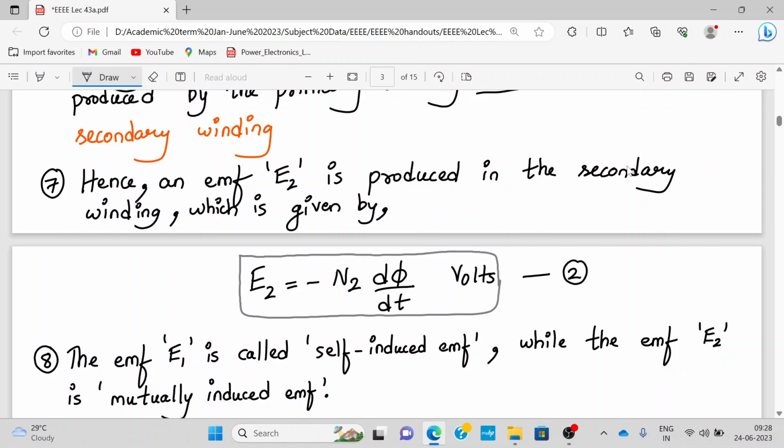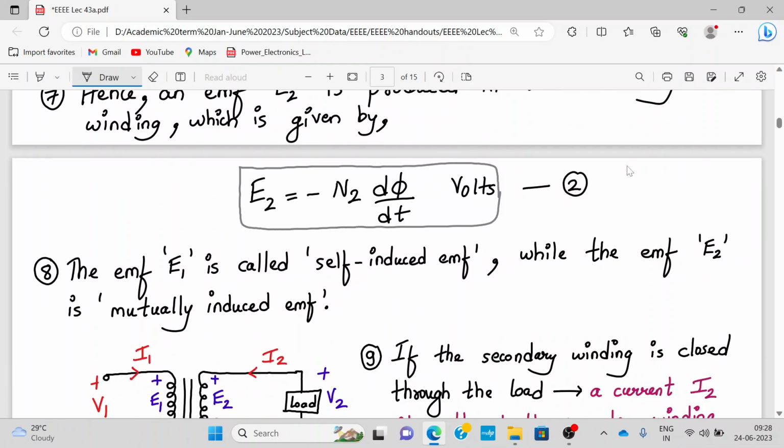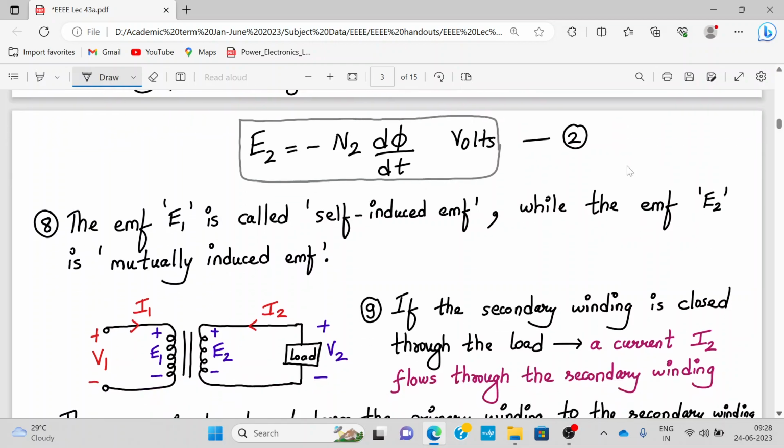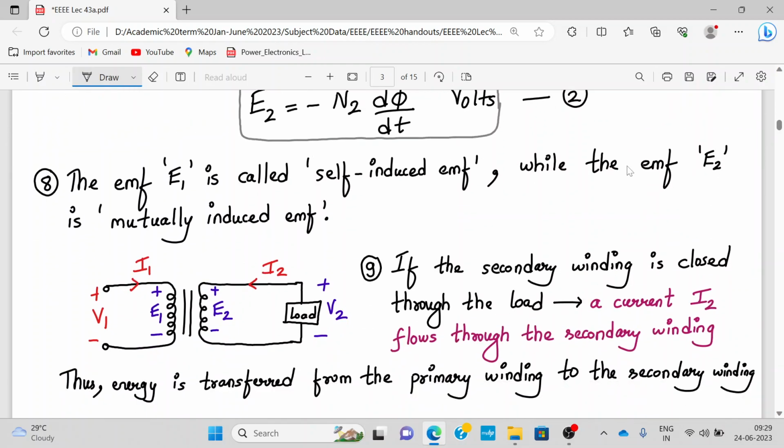So this is my secondary mutually induced EMF. So from the above discussion, E1 is the self-induced EMF, while E2 is the mutually induced EMF. Alright. Now, if the secondary winding is closed to the load, okay, it's not open, it's closed to the load, then a current I2 flows in the secondary winding.